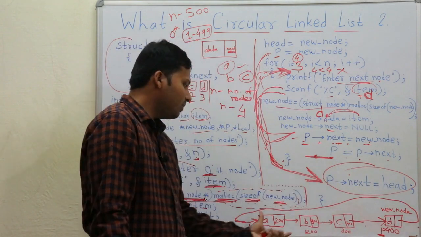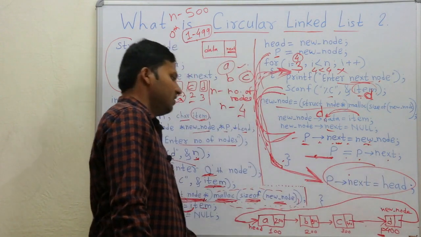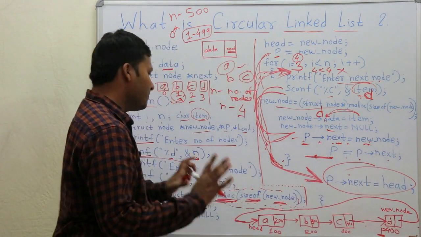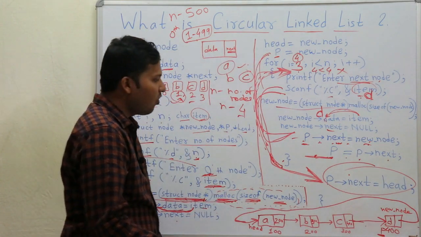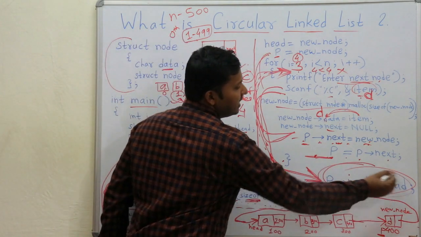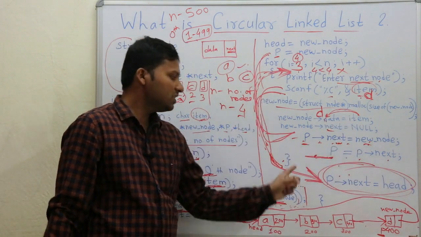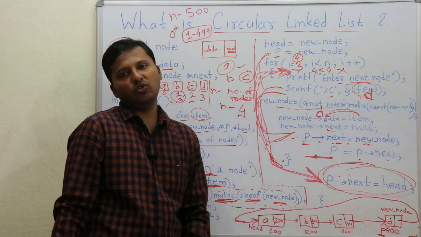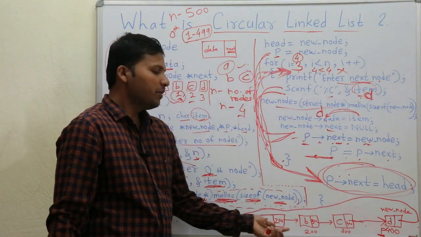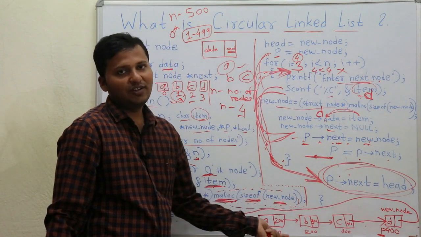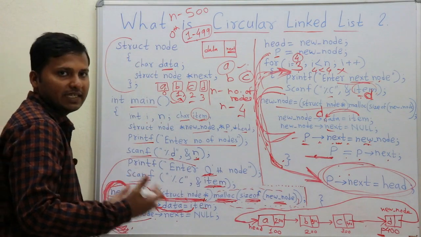This code is very similar to the singly linked list, only one change is this statement. If you add this statement after this for loop before the ending of the main function, then this linked list becomes a circular linked list. So this is how a circular linked list is created.